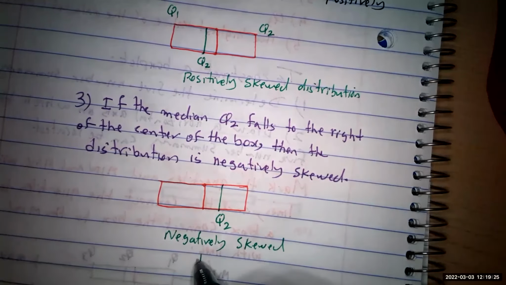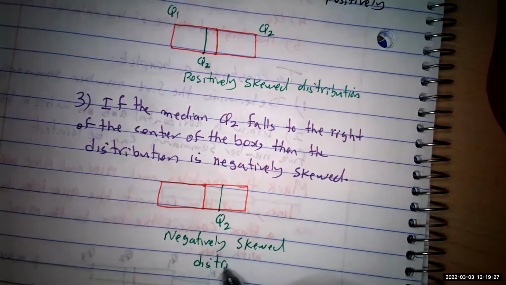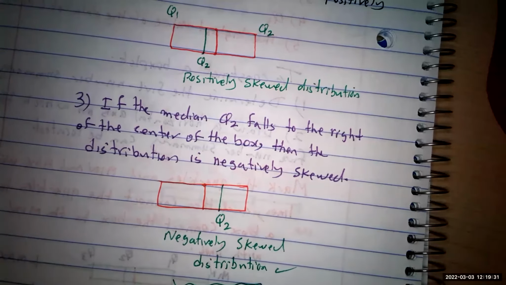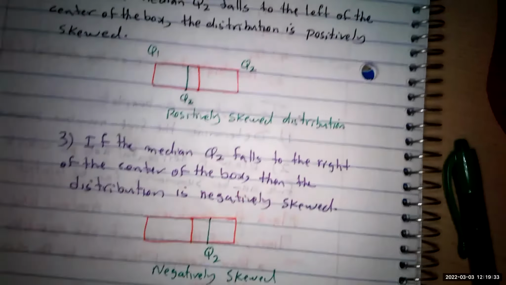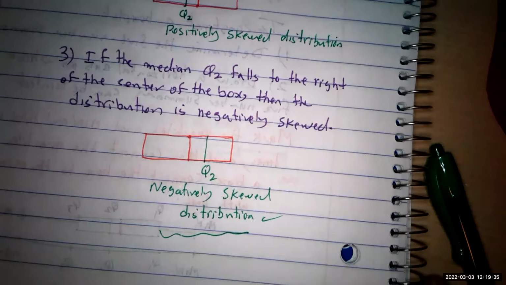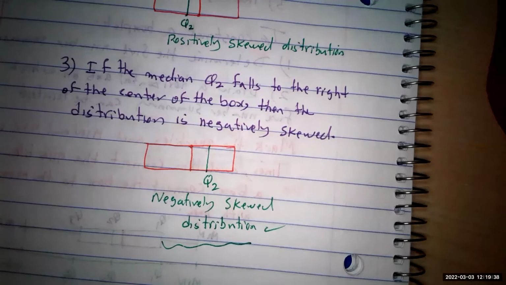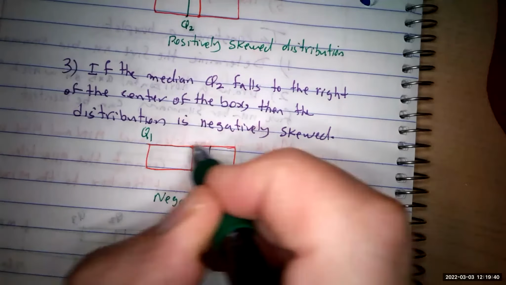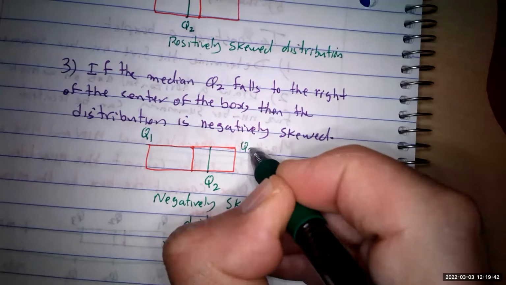Negatively skewed distribution. We will give you a real example next time, then we can talk about what it means. Okay, so these are the three cases that you are going to have when you get this information. So you graph it and you make a comment for us, and then we're done.